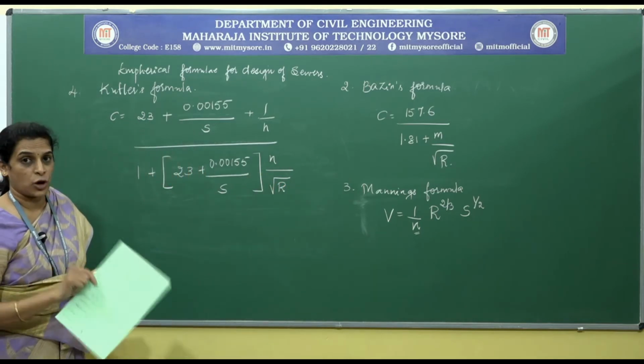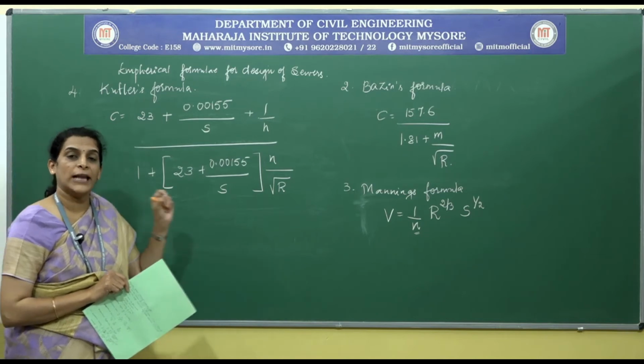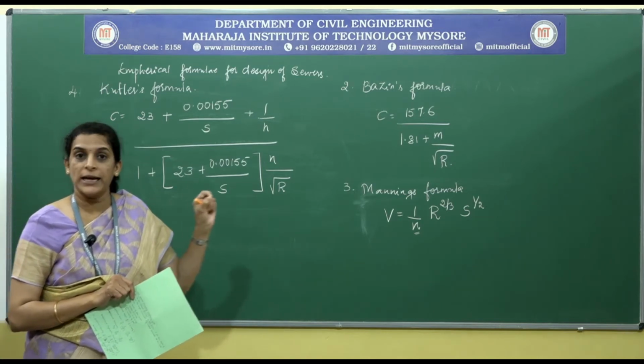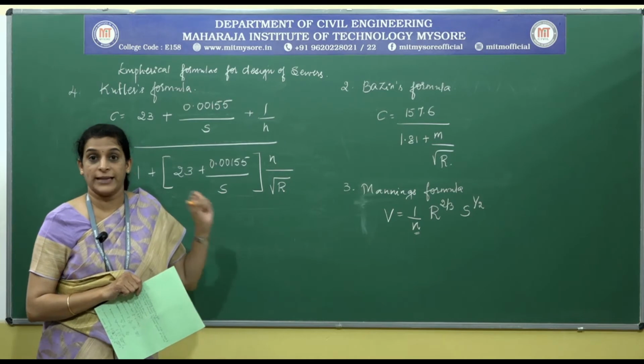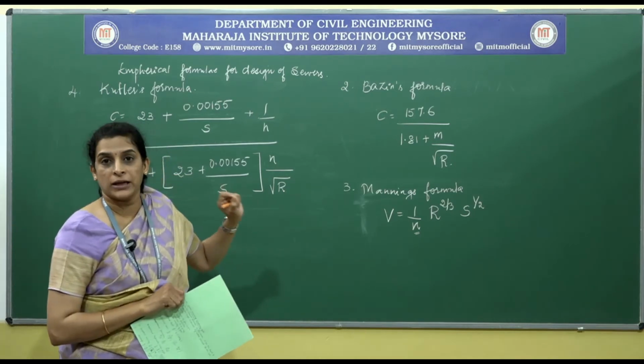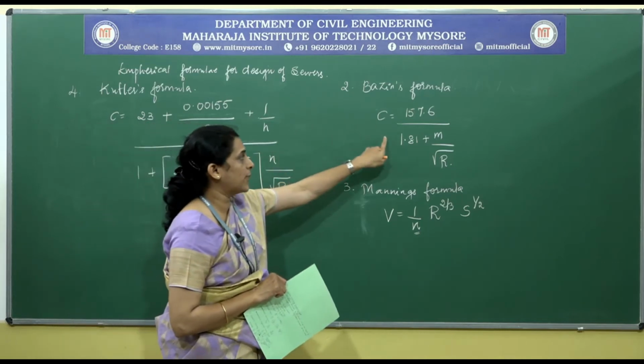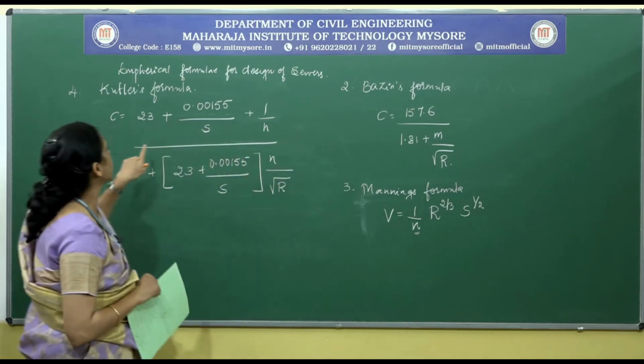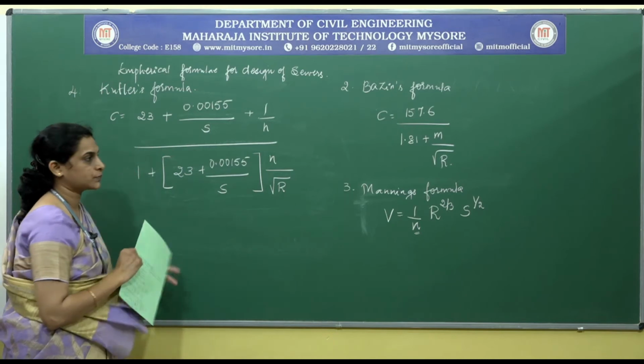So, we can just observe whatever the value of C that has to be obtained in case of using Chedji's formula, that C can be calculated using either Bazin's formula or Kutter's formula.